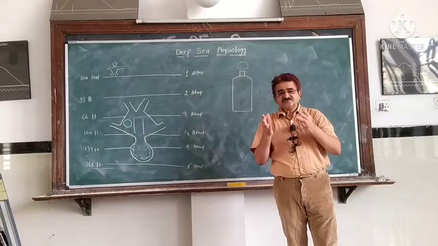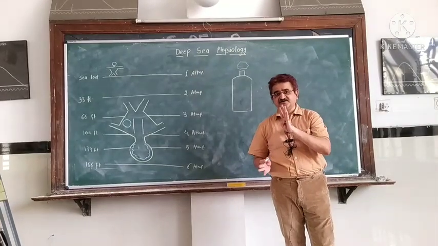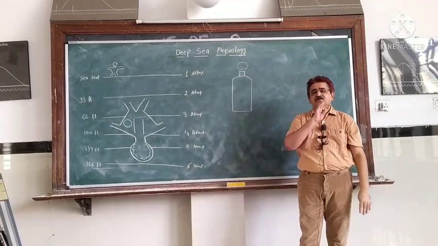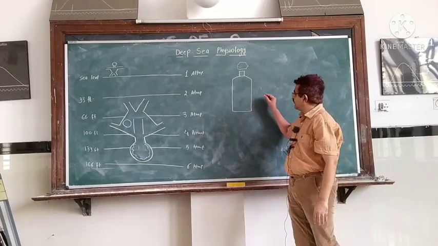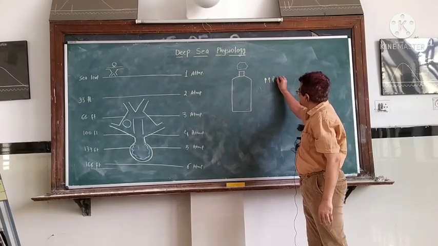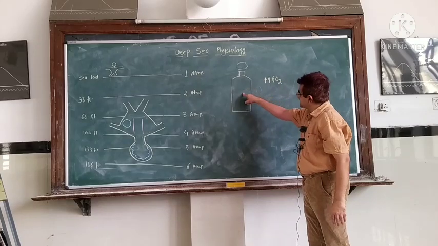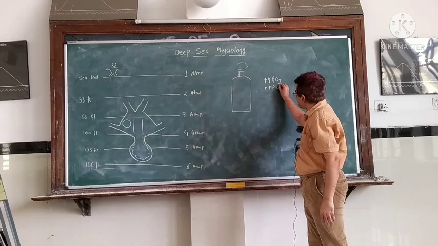Now, when we say high pressure of air, that means all the components of air are present at more pressure. So there will be more partial pressure of O2 in the air in the cylinder, and more partial pressure of nitrogen.